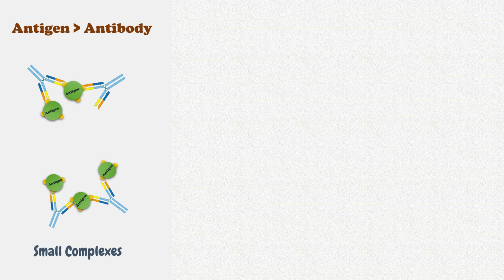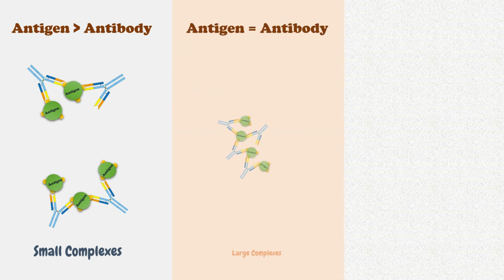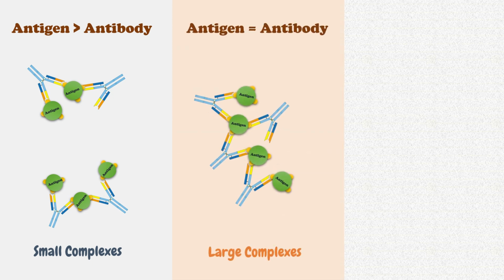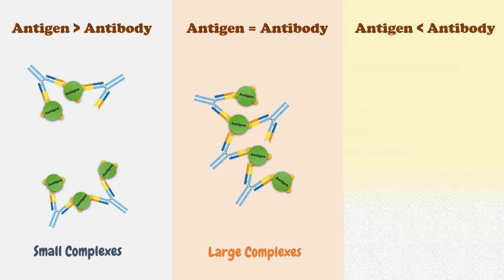At low levels of antibody, each antigen molecule binds several immunoglobulin molecules, like this, and small complexes are formed. Whereas, when antibody and antigen levels are approximately equal, or antibody levels are slightly in excess, large complexes are formed, like this.